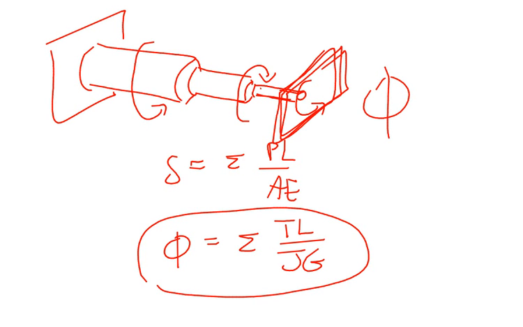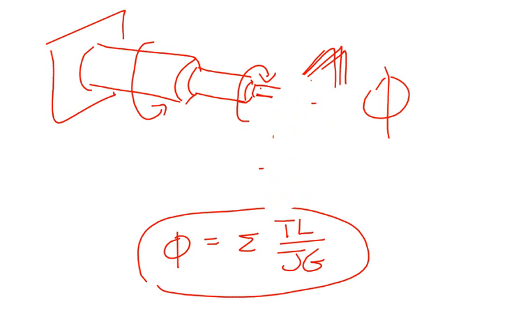If you have a problem like this, it's something you couldn't solve using statics. This now becomes a problem that you could solve using mechanics of materials. So let's briefly discuss this problem.